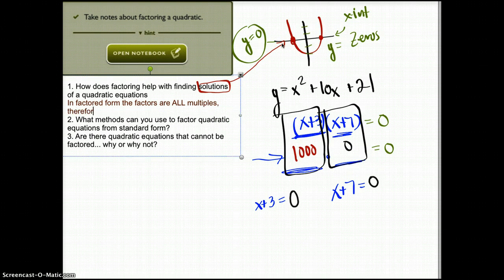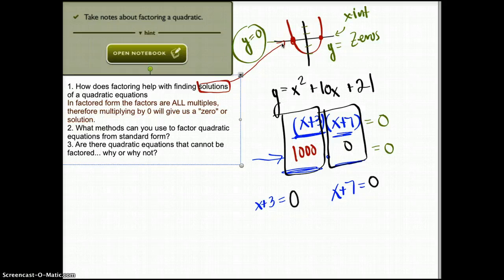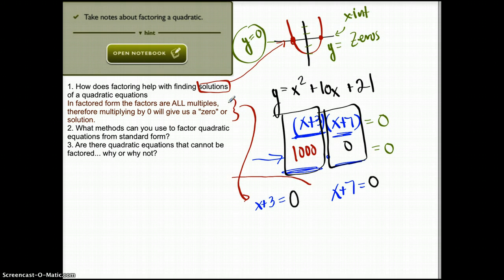Therefore, multiplying by 0 will give us a 0, or solution. So if I set it equal to 0, then I will have an answer. This idea is represented by these two things right here, and those are my solutions.